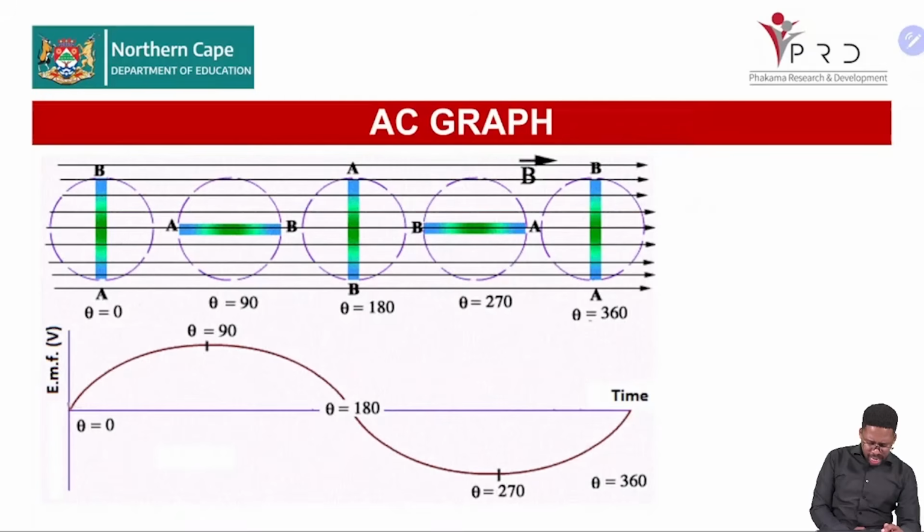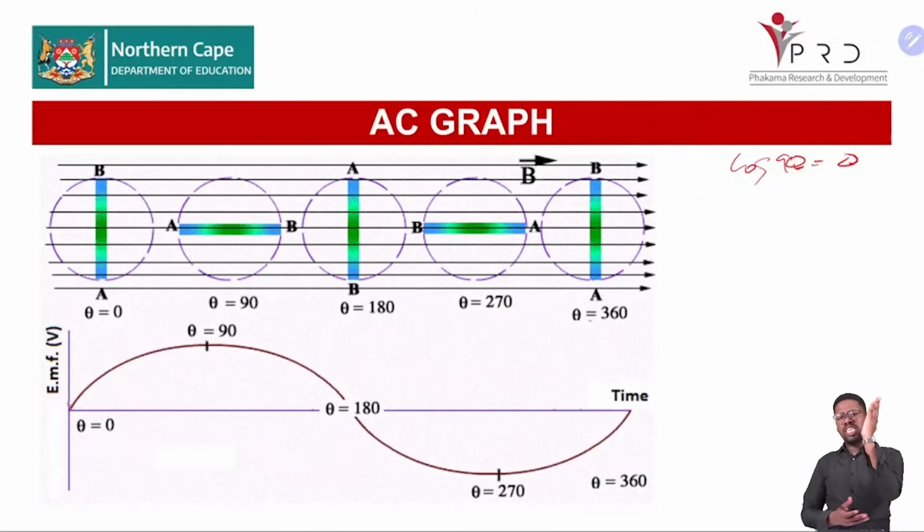So if your graph starts at 0, it's an indication that the coil is perpendicular, because anything cos 90 is equal to 0.